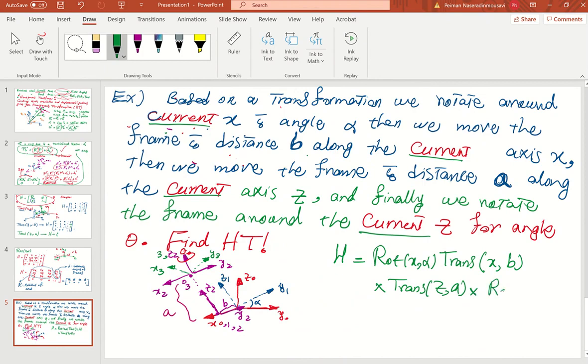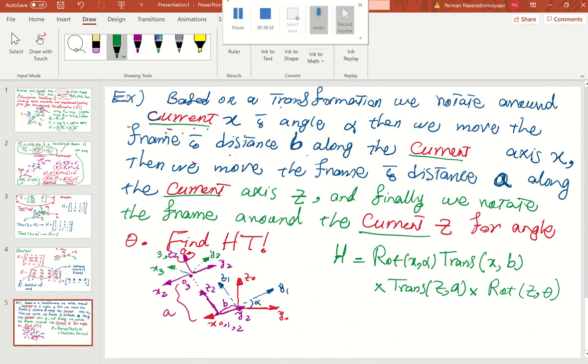So you have rotation of z for the angle of theta. So we are going forward, current x, current z. We are multiplying forward, not backward, because we are doing around the current axes. Okay, so this is how we calculate the homogeneous transformation.